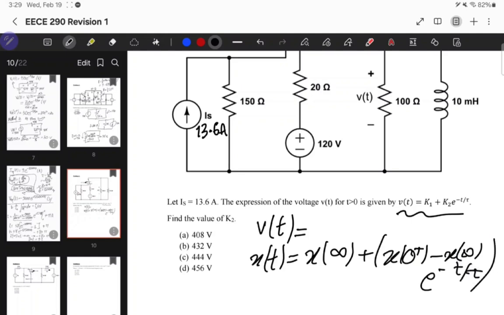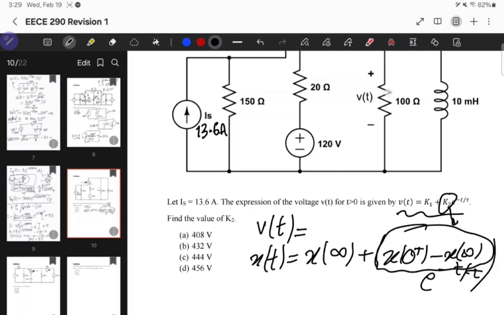For the sake of this problem, I'm not going to care about the exponential t over tau. We only need the coefficient of the exponential, which is K2 in our case, which is V at 0 plus minus V at infinity.